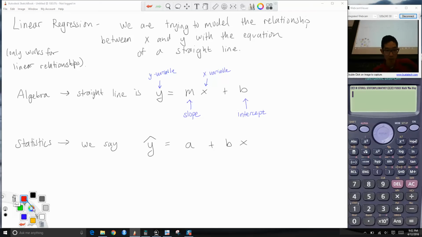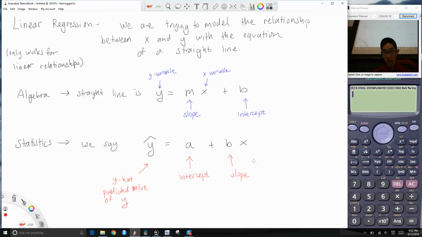And so here, y hat, this is our predicted value of y. Here A is our intercept, B is our slope, and X would be our X variable.